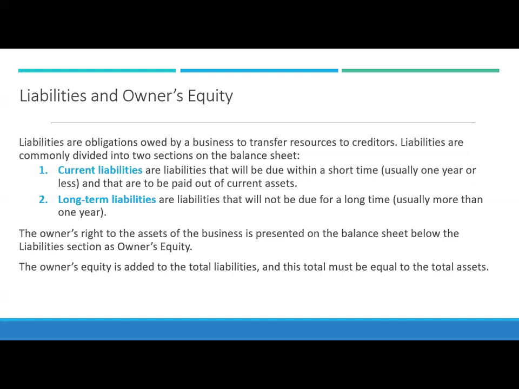The only account in it right now is Chris Clark Capital. The capital balance is relevant to really small businesses like sole proprietorships or partnerships. If you get into bigger businesses that have stock and additional paid-in capital and things like that, then we get into those items. We have a special chapter on equity towards the end of the semester.